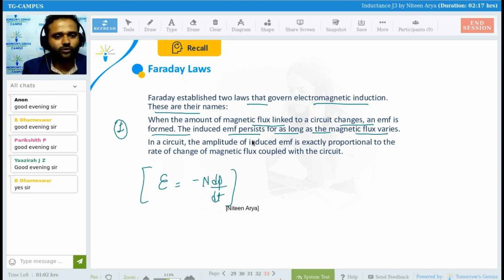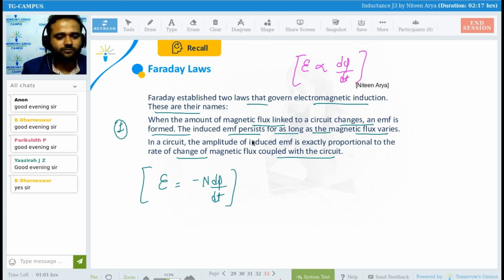Simple. In a circuit, the amplitude of induced EMF is directly proportional to the rate of change of magnetic flux linked with the circuit, and the number of turns also. This negative sign is given by Lenz's law. We understood this, and that is why it is written in the recall, because we already did this. Is this clear, everyone? Till now everything's fair enough.